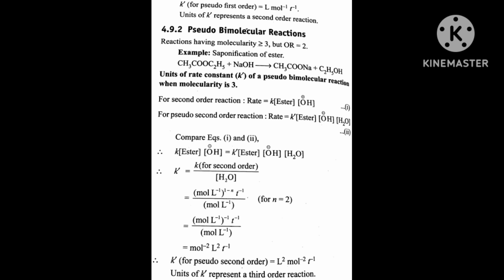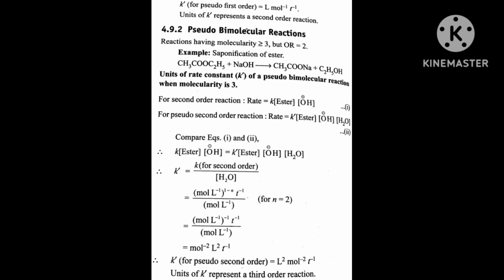Hydrolysis of methyl acetate in aqueous solution has been studied by titrating the liberated acetic acid against sodium hydroxide. The concentration of the ester at different times is given below. Time is in minutes and concentration is in mole per liter. At time 0, concentration was 0.8500.